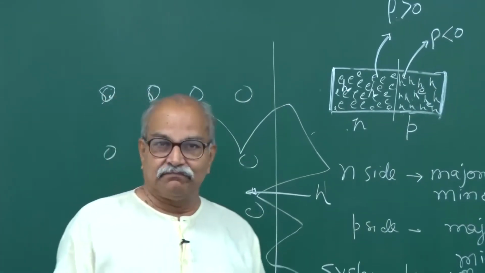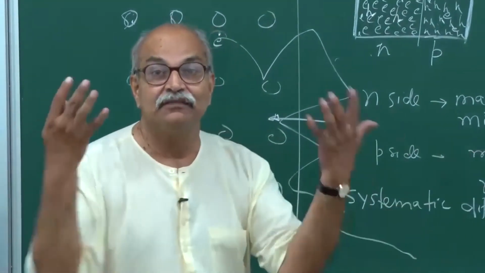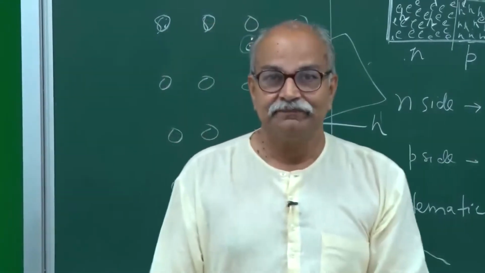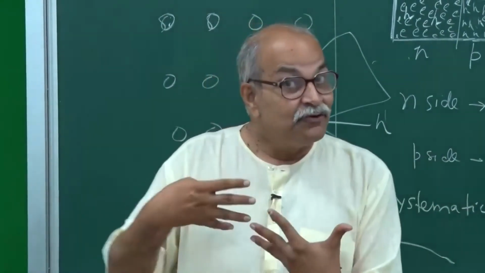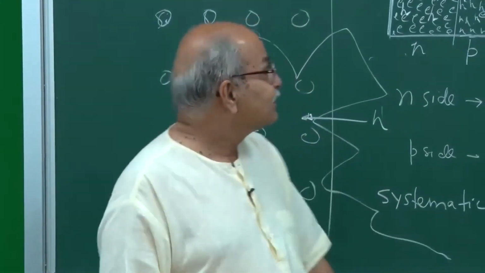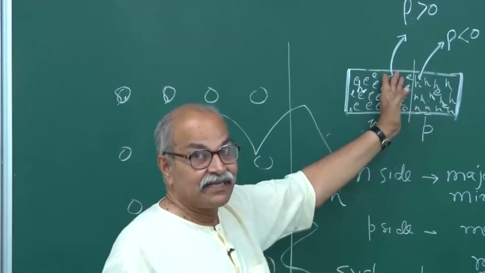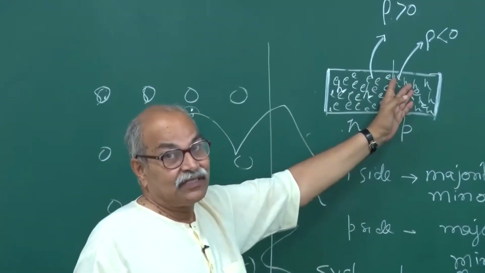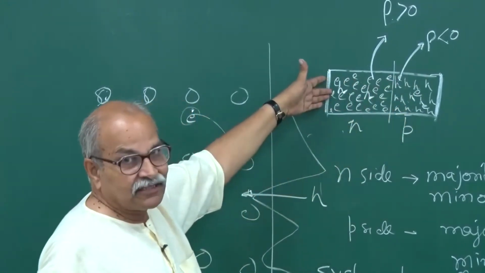So in an N type or P type semiconductor, if you just have one semiconductor, P type, you do not have charge density. But if you make this junction, a PN junction, then the charge density will appear. You will have positive charge density on one side, negative charge density on the other side. But this thing doesn't extend up to the end.